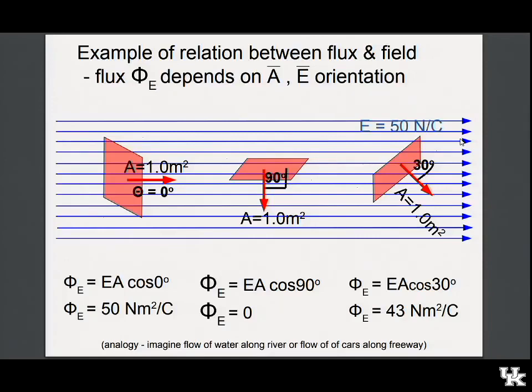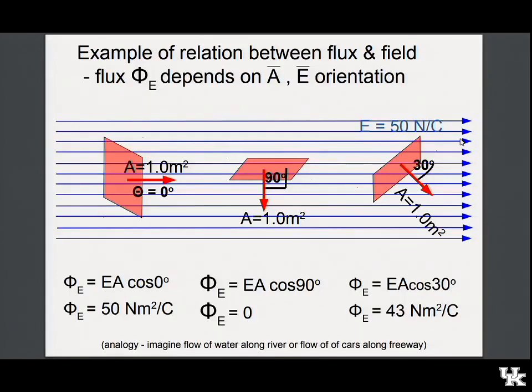In this example, the field is the same everywhere. It's a uniform field. The areas of the surfaces are the same everywhere. They're all 1 square meter. So that's different from the last two examples. In one case, I was changing the area. In the other case, I was changing the field. Now I've got same area, same field.